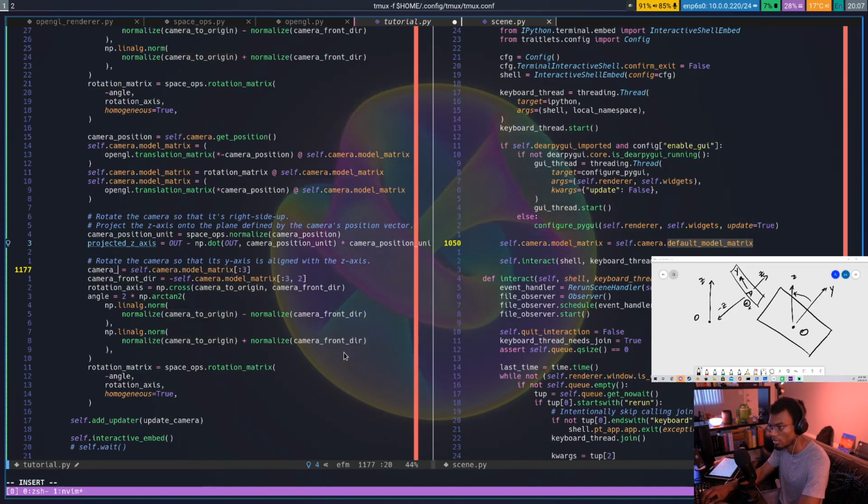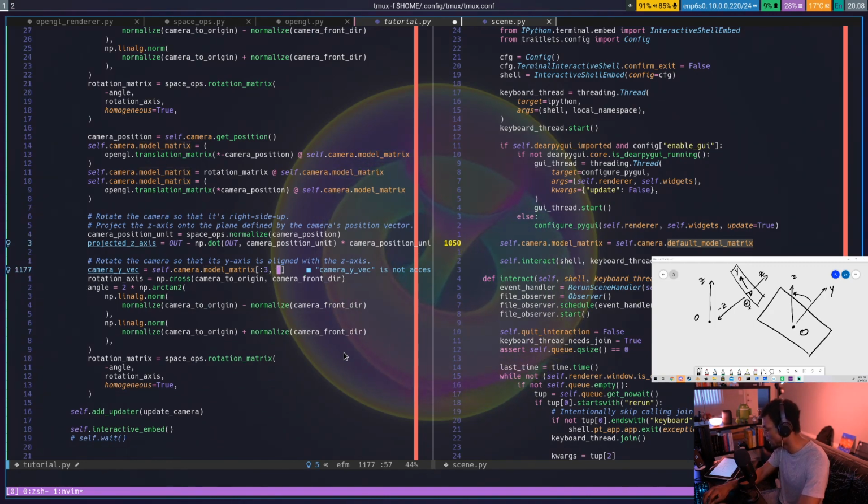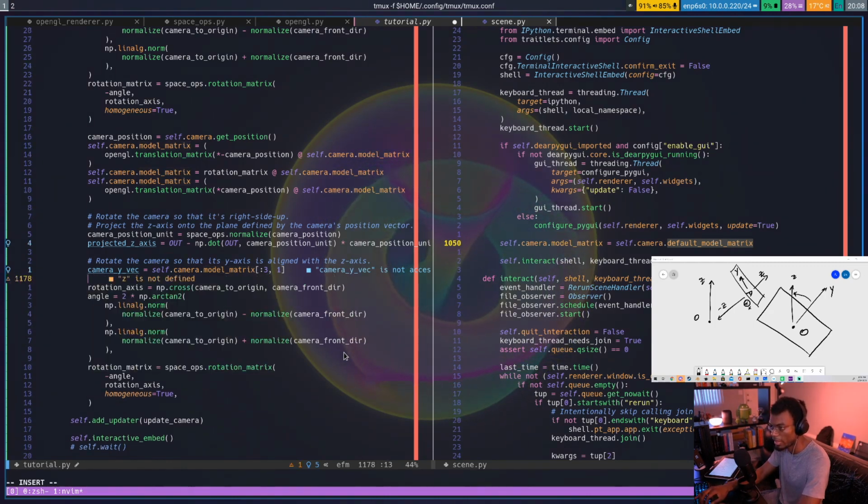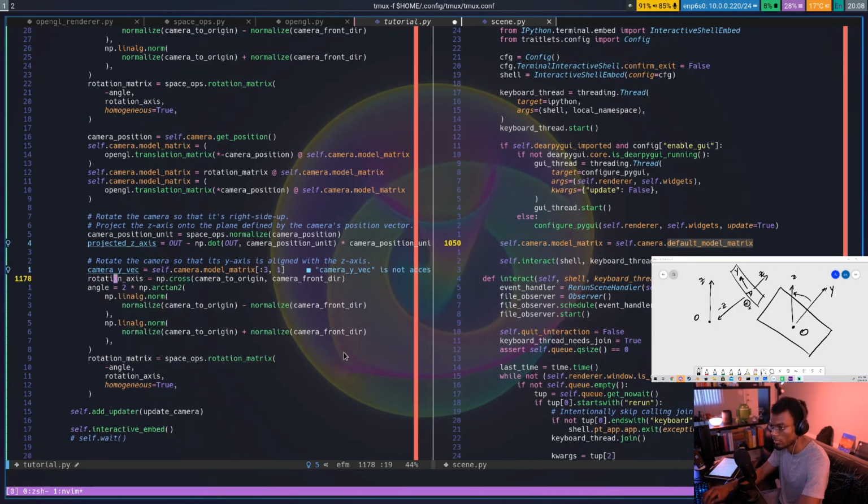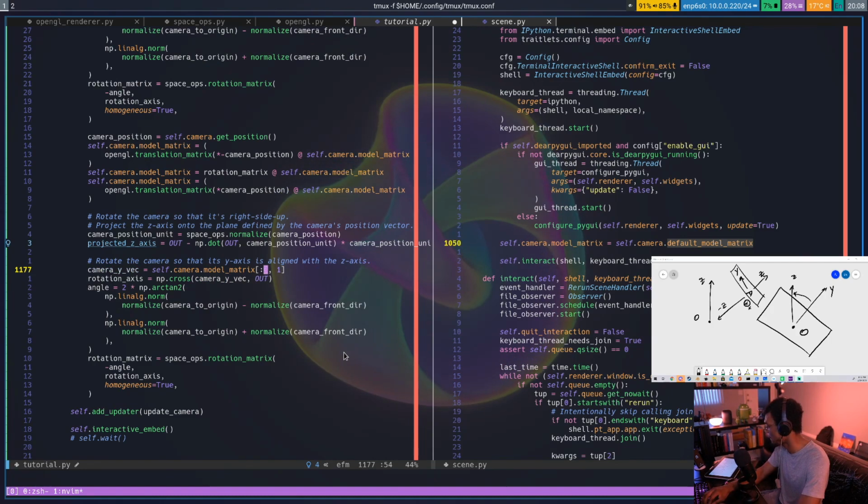Wait, camera y vector, rows up to 3, column 2. No, 1. That's the camera y vector. Then I have the z-axis is out. The rotation axis is going to be the camera y vec. I'll cross that with out.